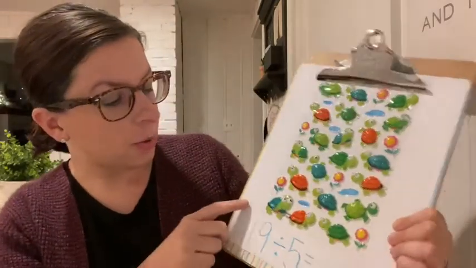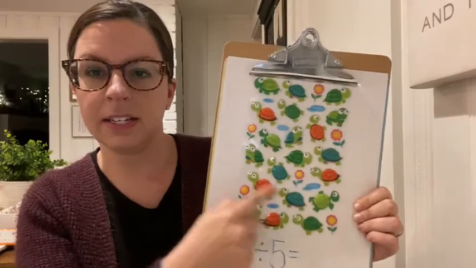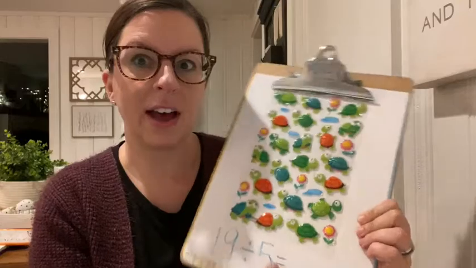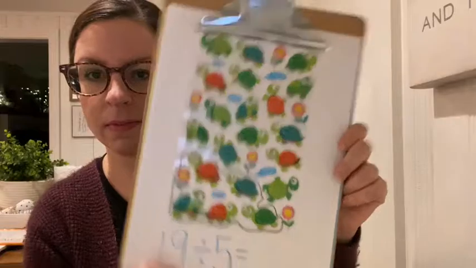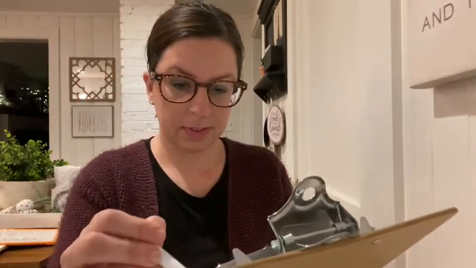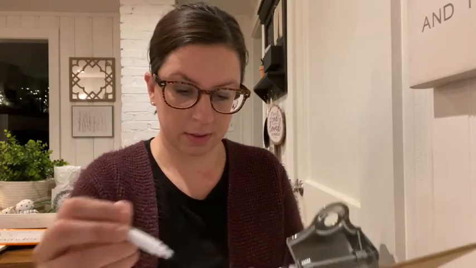All right, so 19 divided by 5, so groups of 5. Let's see how many groups of 5 we have here. I have 1 group of 5. 2 groups of 5. 3 groups of 5.